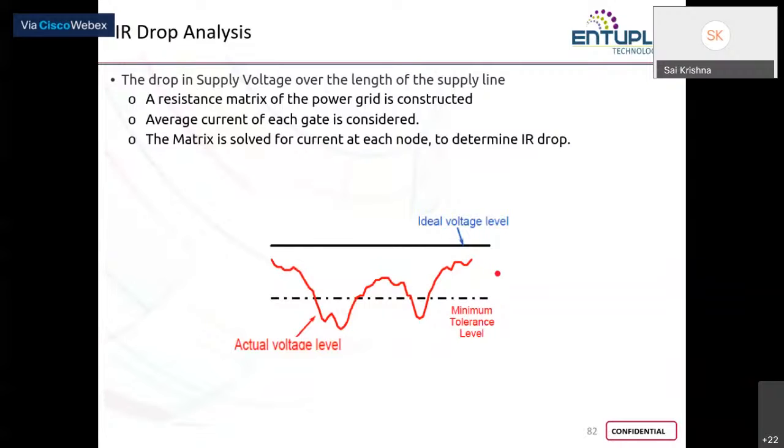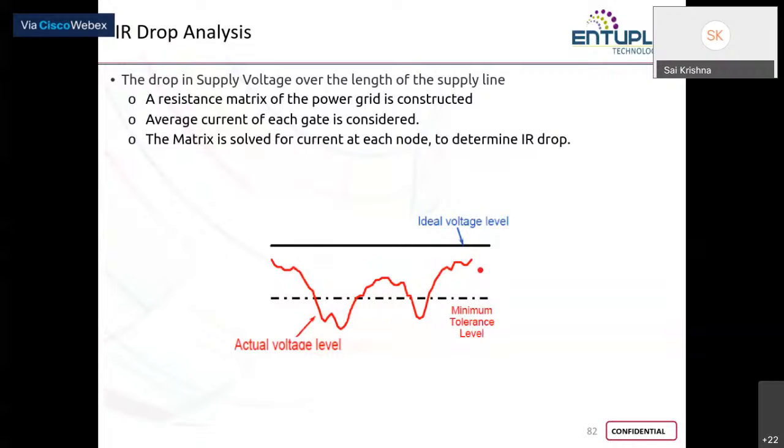Though there's a difference between the expected and the actual voltage, that does not affect the working of your standard cells, unless that voltage drop goes below the tolerance level.